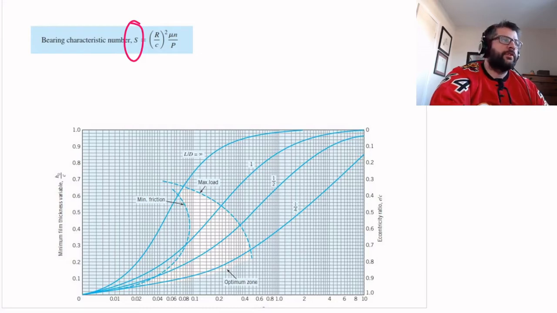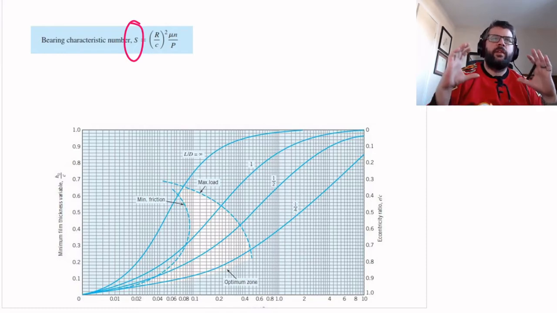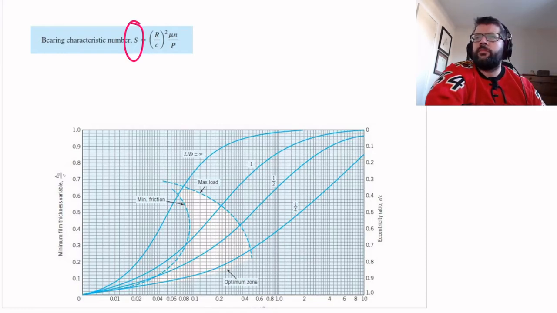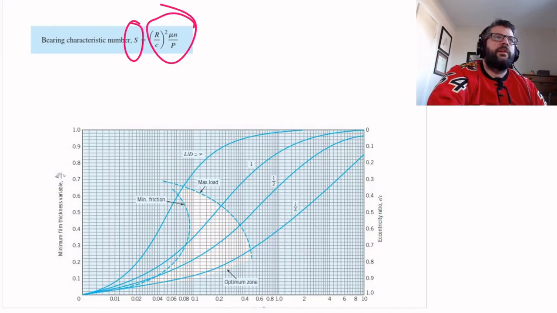Again, that's in revolutions per second, and the p-value, the projected bearing pressure, so the load divided by the diameter times length. So all the units cancel out to a dimensionless number, and that leads to other dimensionless numbers.